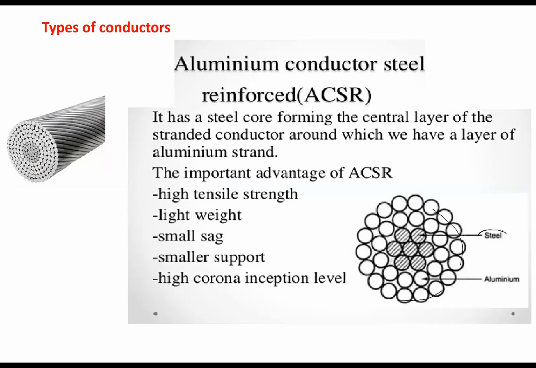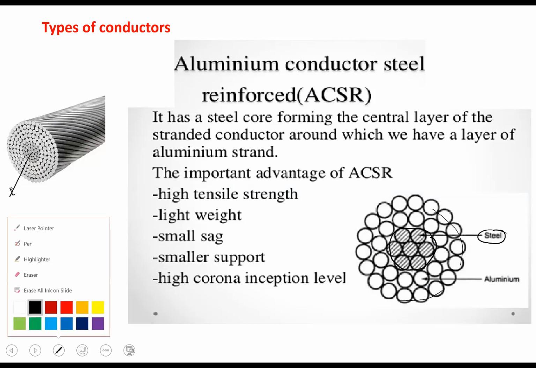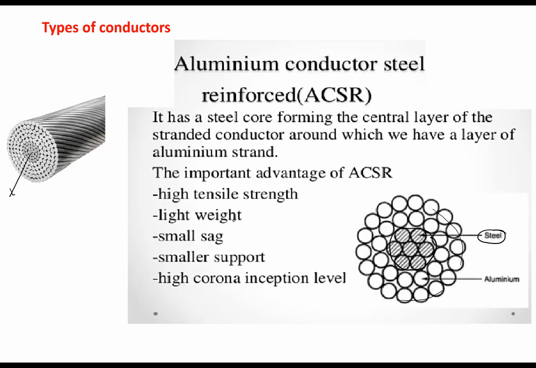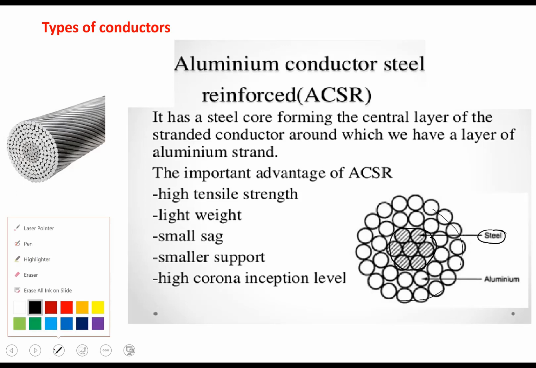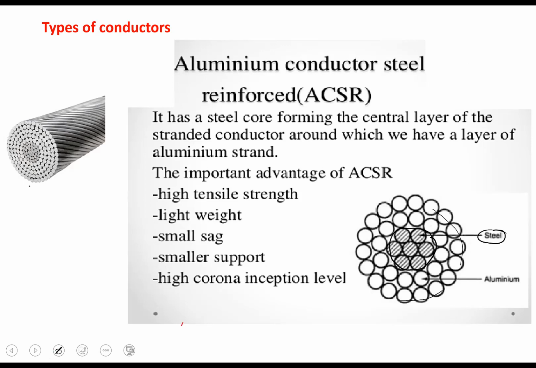The steel strands at the center will give you mechanical strength, and the aluminum outer strands will carry the current. This is how the conductor looks. The inner strands are the steel strands. The outer strands are the aluminum strands.